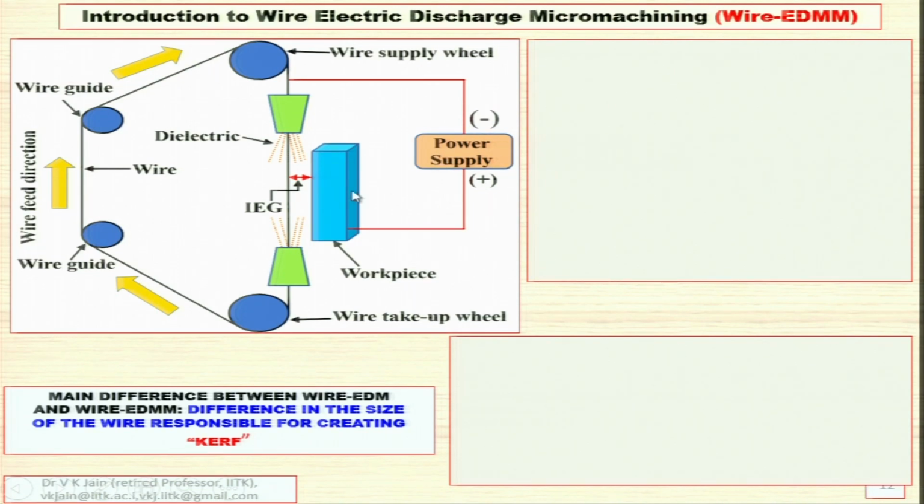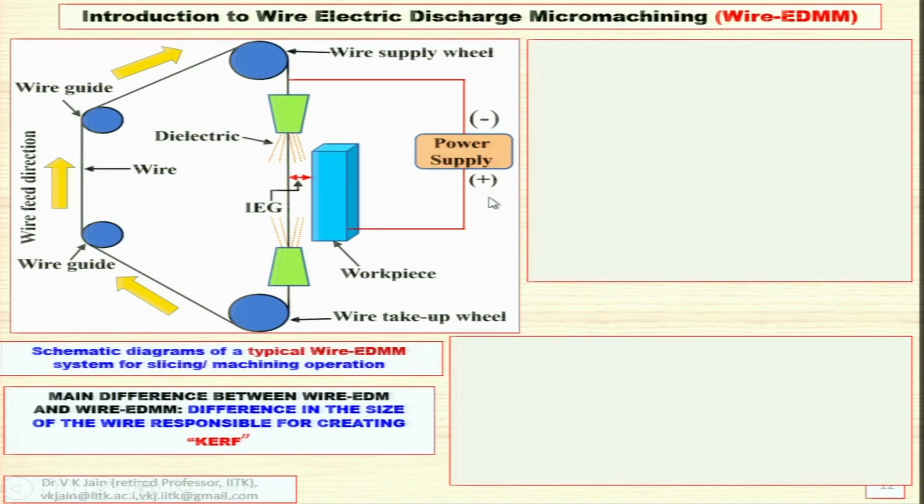And this is the power supply. You can see wire is made as cathode by connecting it to the negative terminal, and workpiece is made anode by connecting it to the positive terminal.